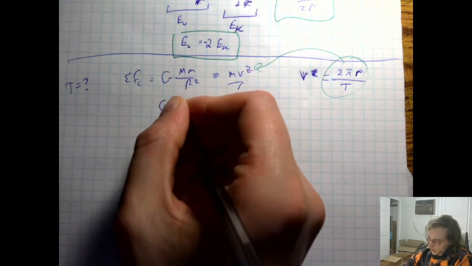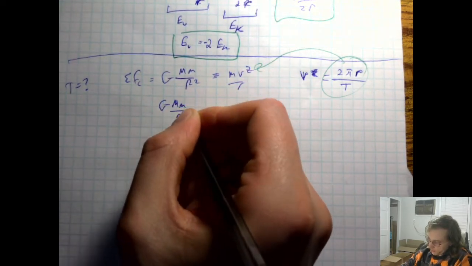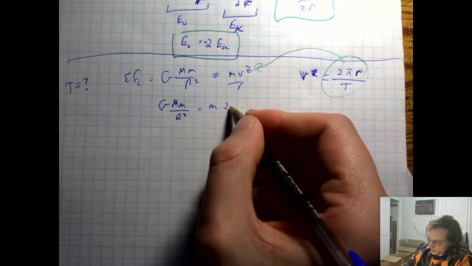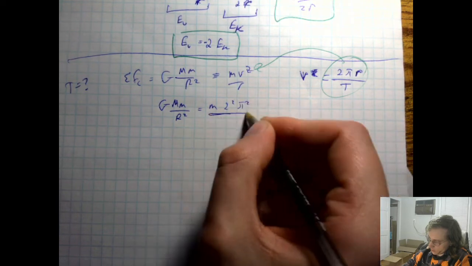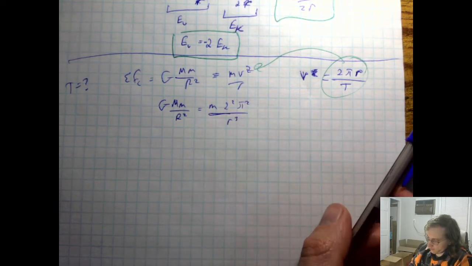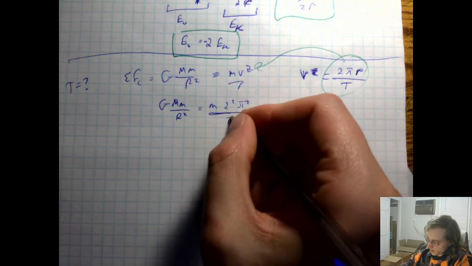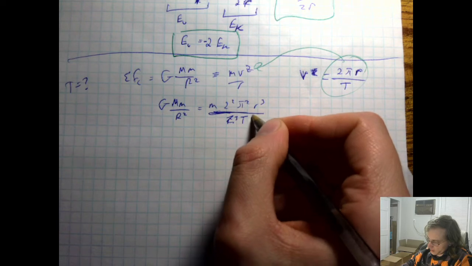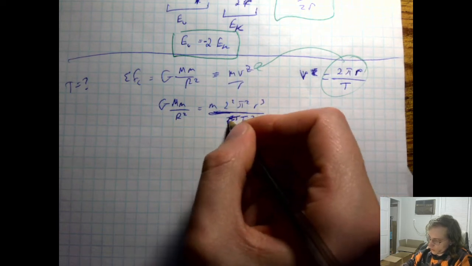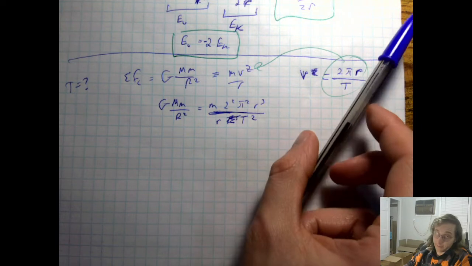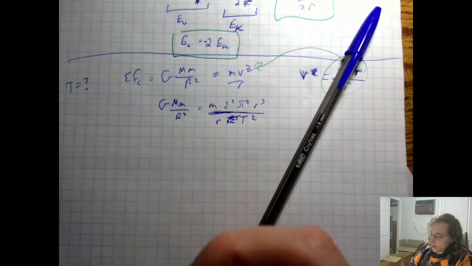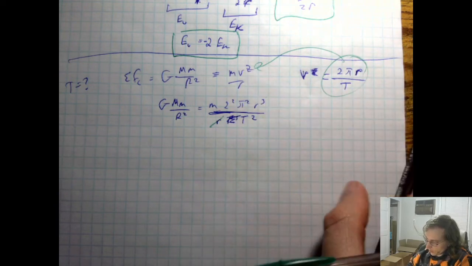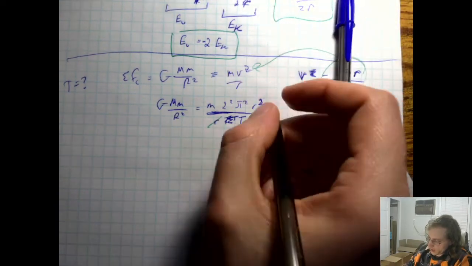When we do that, what we'll get is that GMm over r squared will equal m times 4 pi squared r over the period squared, which is r squared over T squared, also being divided by r. At this point, r drops with r squared up at the top.